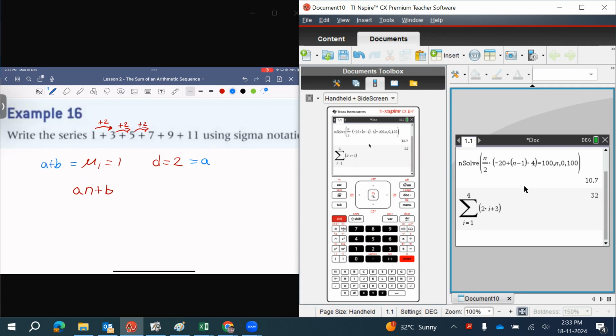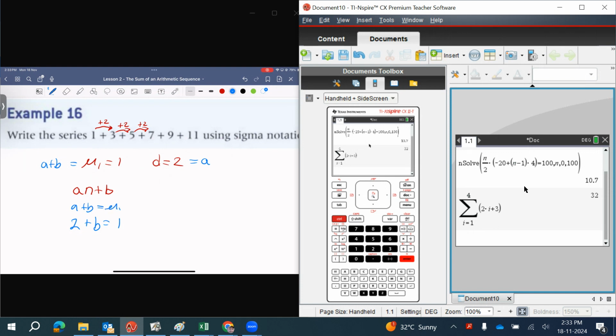Now, if we know that a is equal to 2, we've got 2 times n plus b. Sorry, we've got 2 plus b is equal to the first term in the sequence. So I'm using the formula a plus b equals u1.